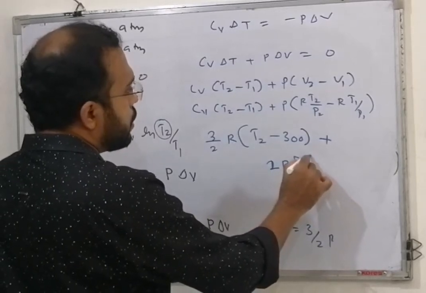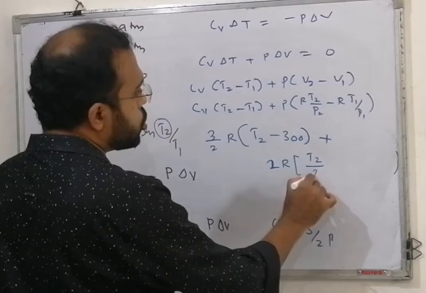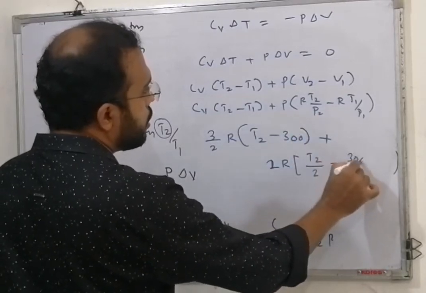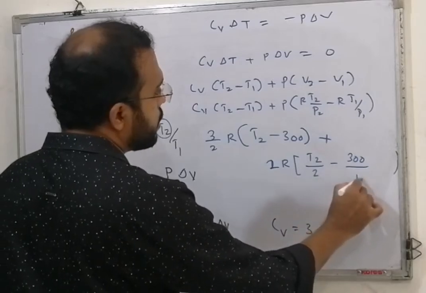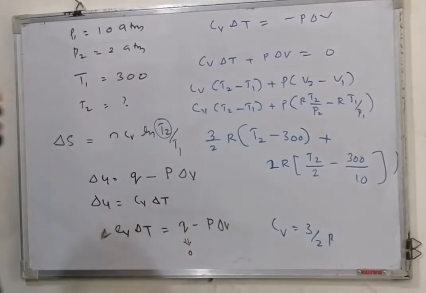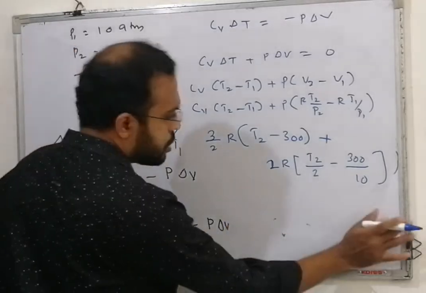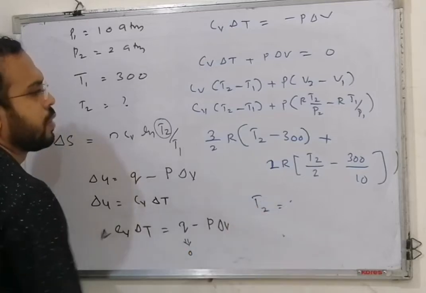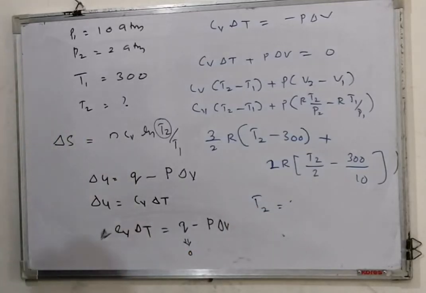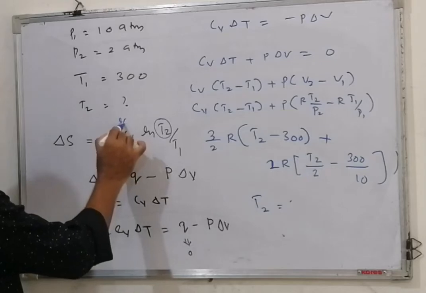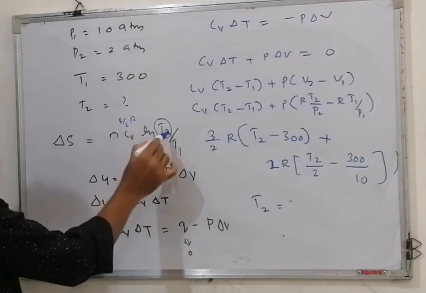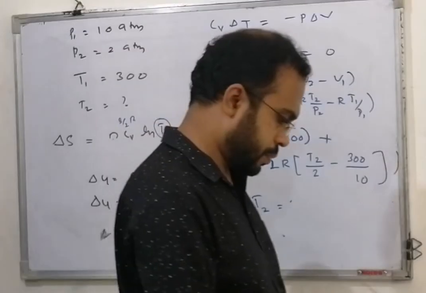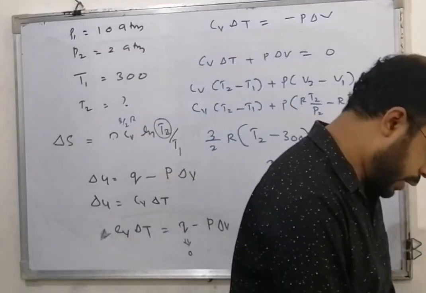I am not going into the detail of this problem. Find out T2 first, then apply that T2 here, with CV as 3 by 2 R and n equal to 1 mole, and we will get the final answer. Now we can go to the next question.